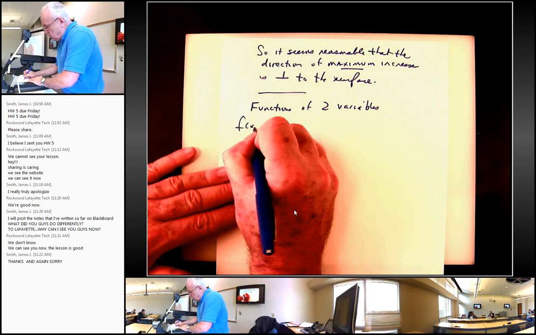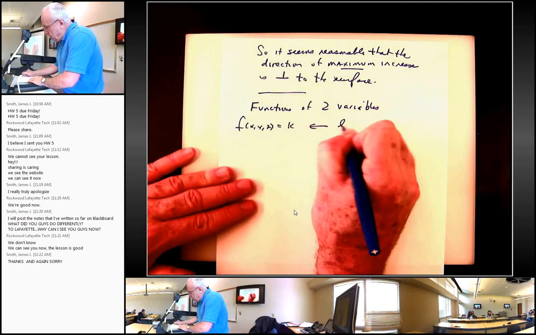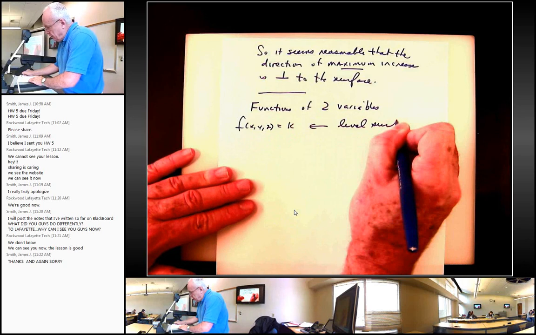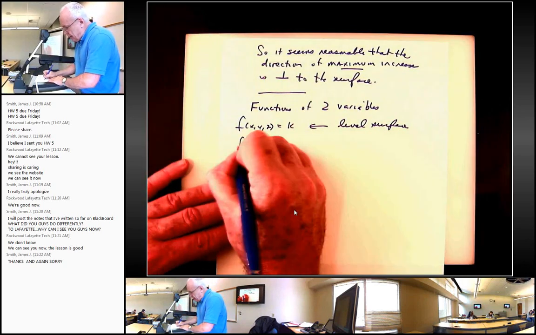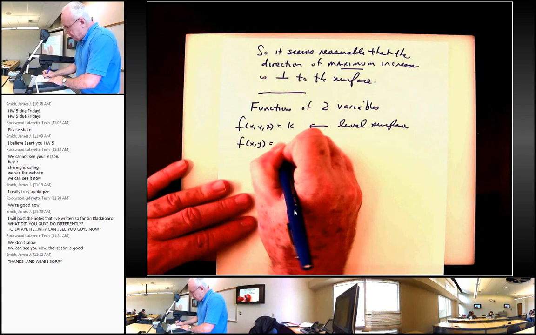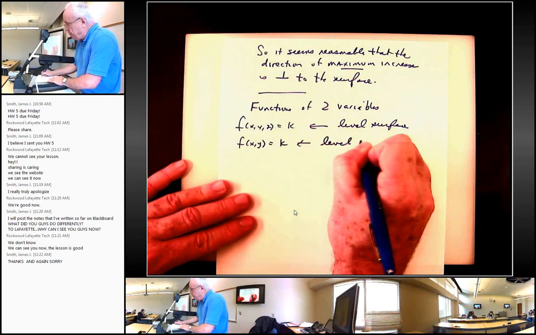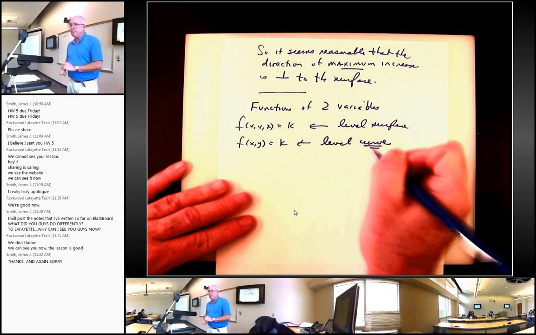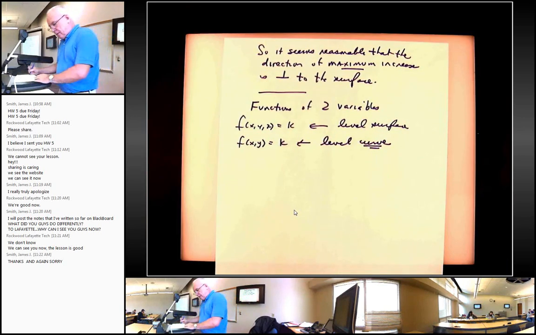F(x,y,z) equal to k, that's a level surface. But for two variables, f(x,y) equal to k, that gives us a level curve, right? That's like those contour curves that I had shown examples of.